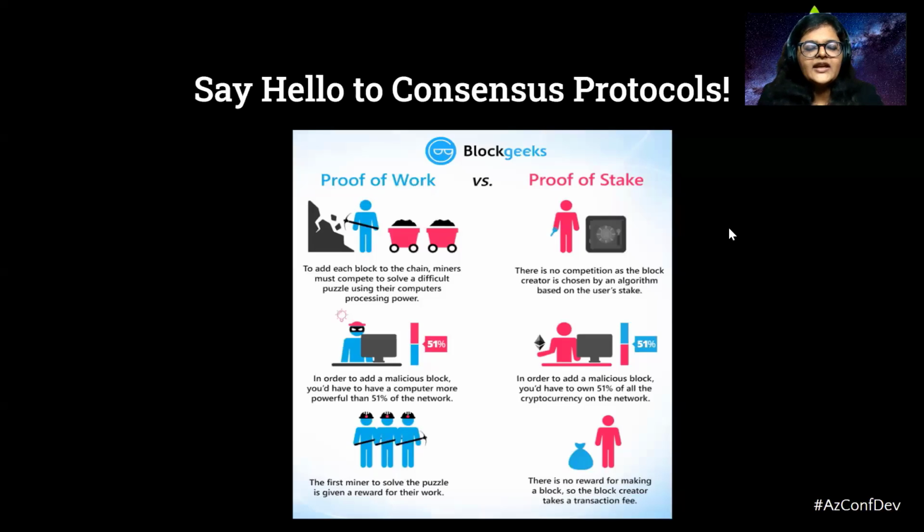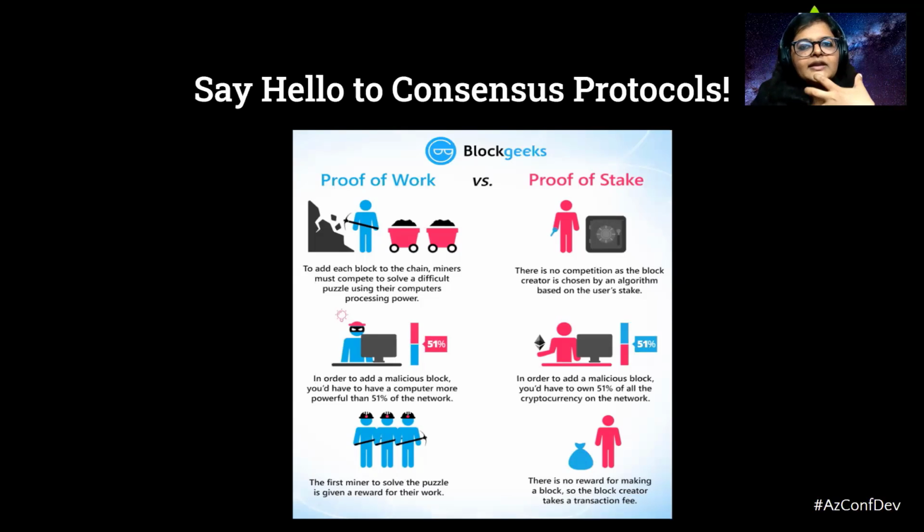Proof of work is a very old consensus protocol and has been implemented since the era of Bitcoin. What is proof of work and what does one have to do in this consensus protocol? In proof of work, to add each block to the chain, the miners, so miners are specific entities, are required to solve a particular puzzle, a cryptographic puzzle, using their computer's processing power.